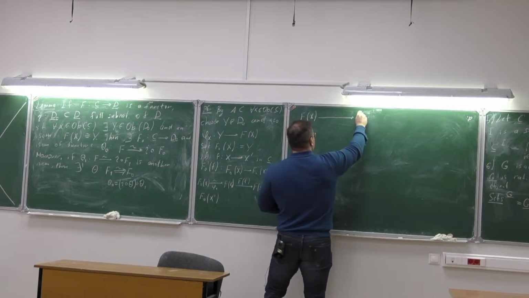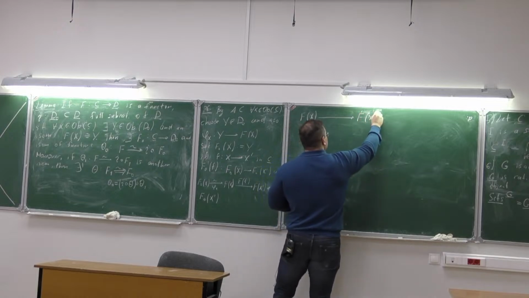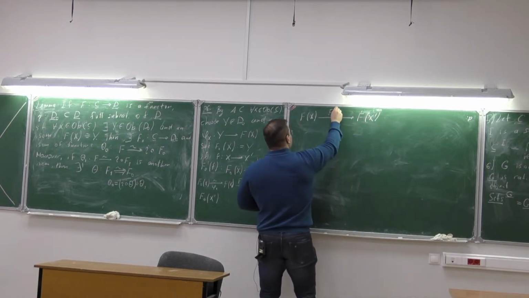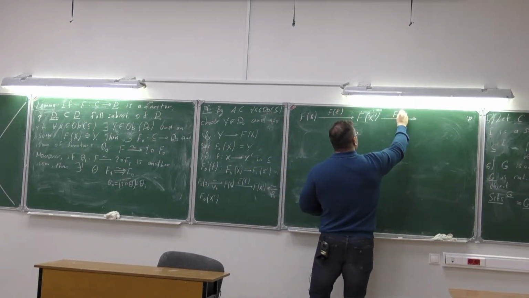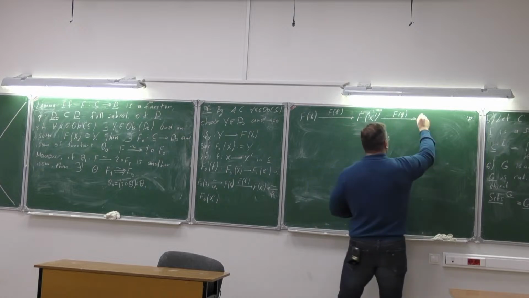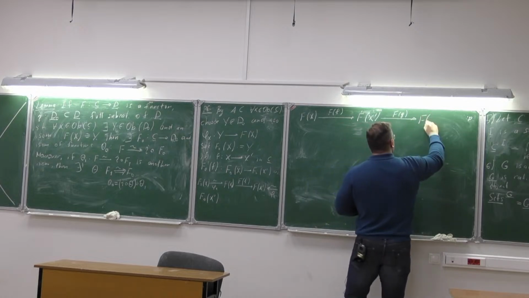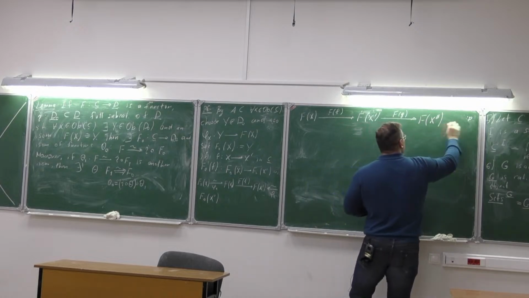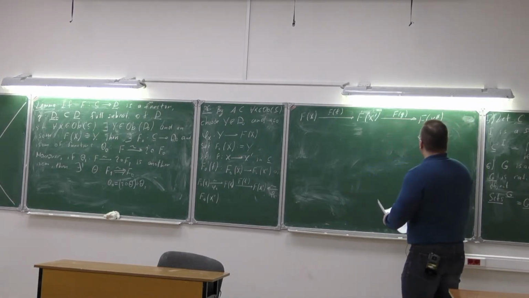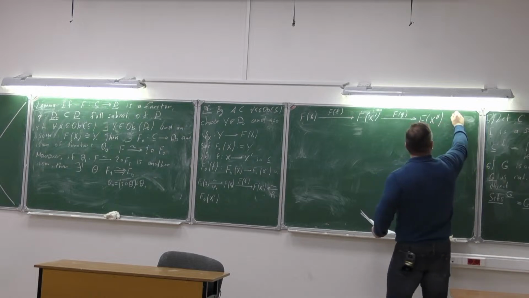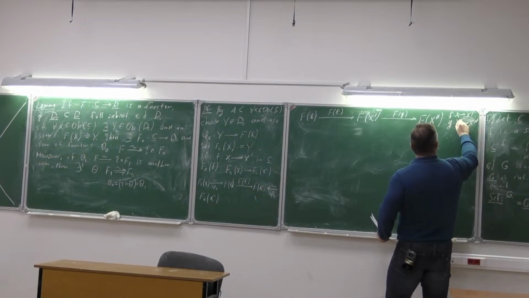So this is to the f of the x prime. So I know that I have this property that the composition goes to the composition for the functor f. So here, if you want more details, f is a map from the x to the x prime, and g is a map from the x prime to the x double prime.